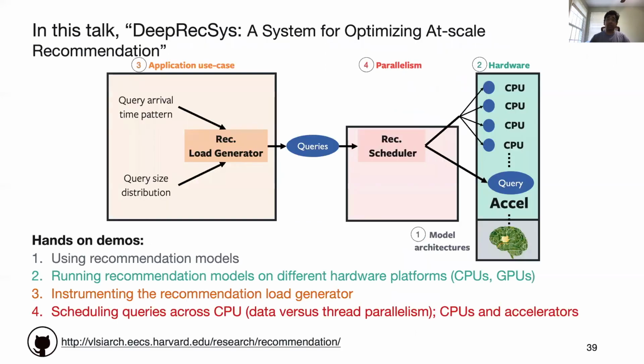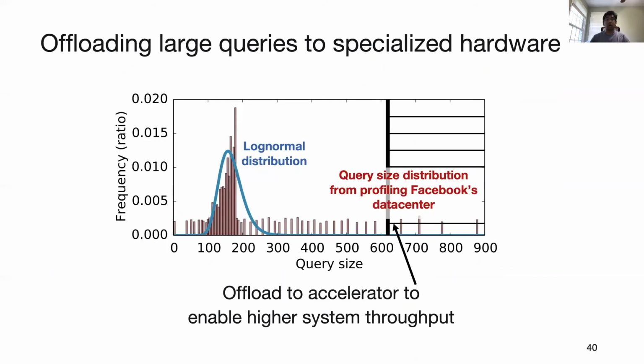In addition to trading off thread versus data level parallelism, the scheduler can also offload queries to the accelerators. Recall that query sizes in production recommendation services do not have a fixed size. In fact, in some cases, they follow a heavy tail distribution.